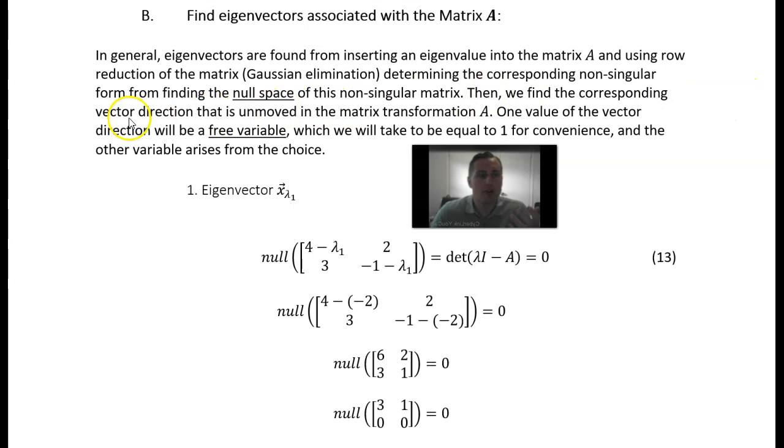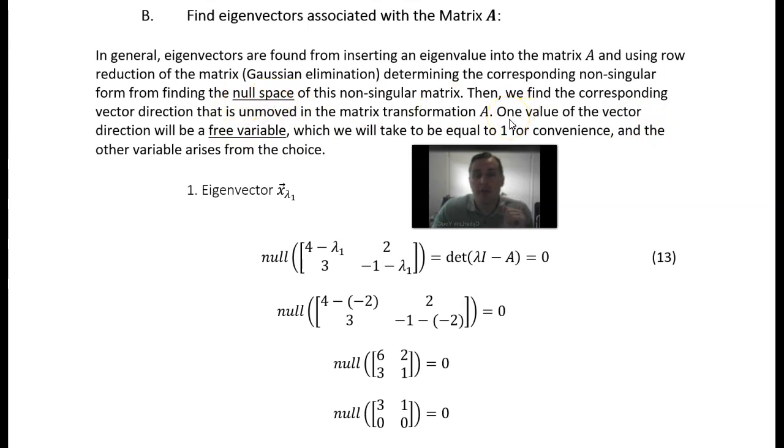Then we find the corresponding vector direction that is unmoved in the matrix transformation of A. Some of you may remember that a matrix is really like a linear operation, and it's basically like some sort of rotation and stretching of space. And it turns out that eigenvectors are only scaled by the eigenvalue, but the eigenvector direction does not change under the transformation. So that's why we're doing this null space thing.